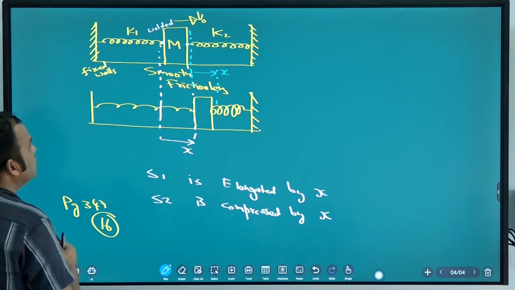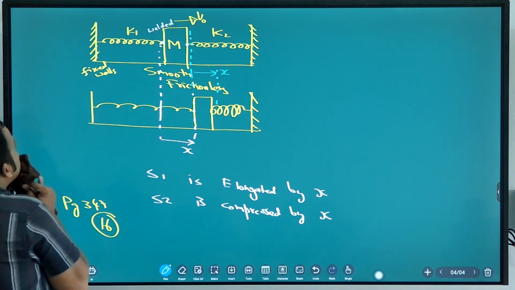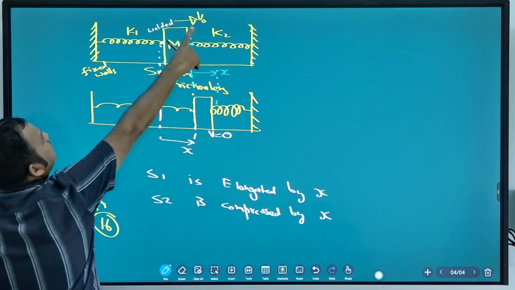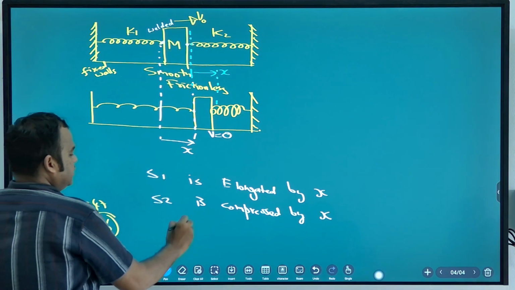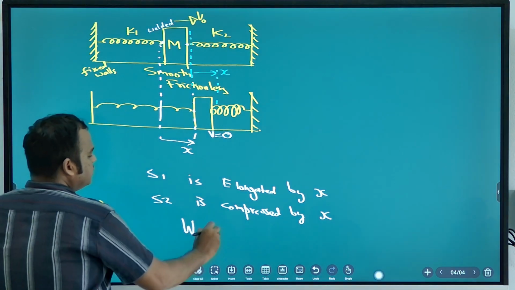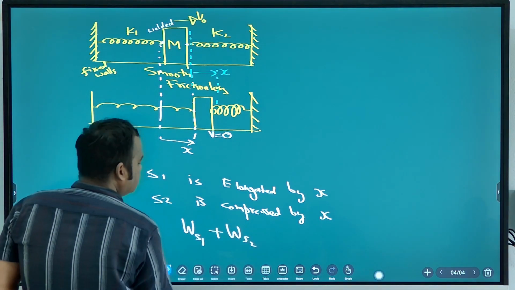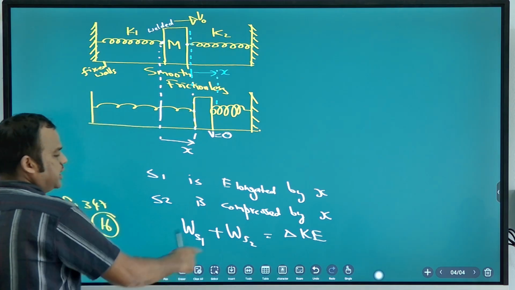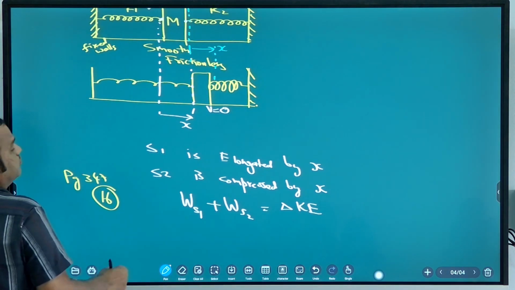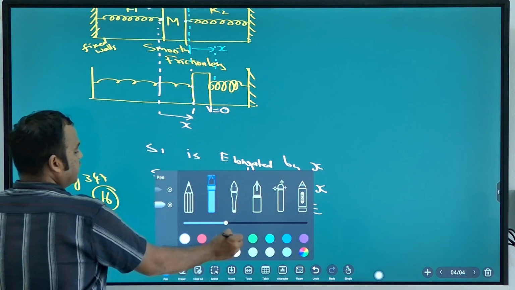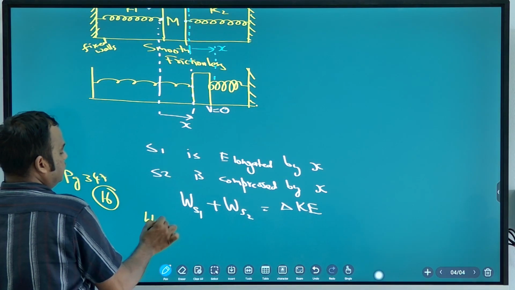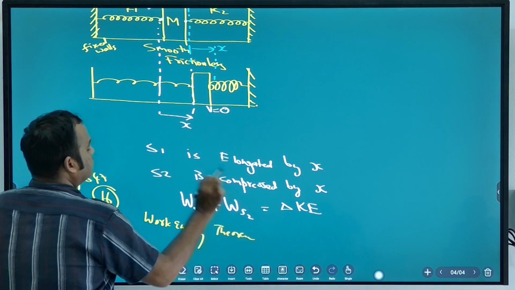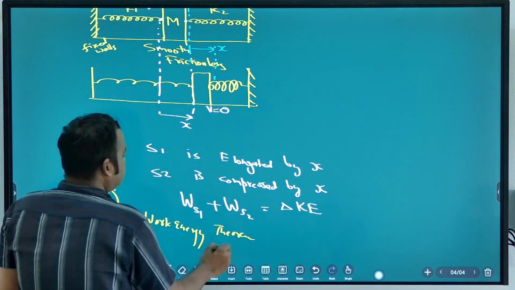Final velocity is 0, initial velocity v naught. So work done by spring 1 plus work done by spring 2 is equal to the change in kinetic energy. This is known as the work energy theorem: total work done is equal to change in kinetic energy.